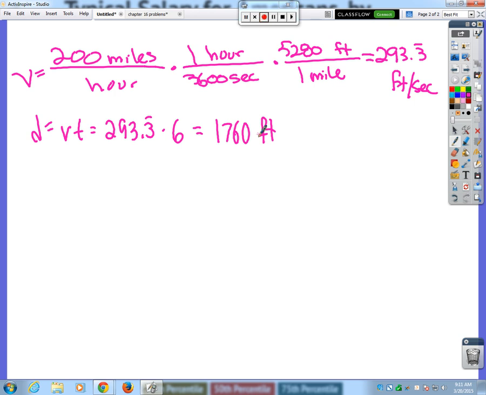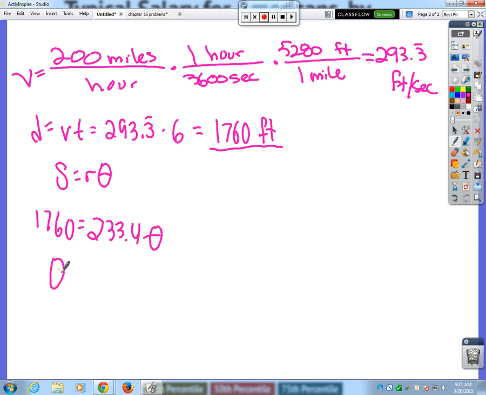Yeah, we're going to do the arc length thing. s equals r theta. So the arc length is this, 1,760. The radius is, I don't remember. 233.4. So you divide those and you magically get an angle in radians.